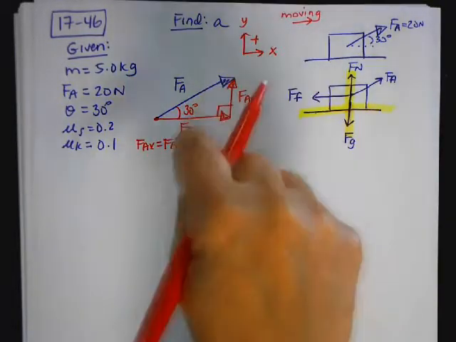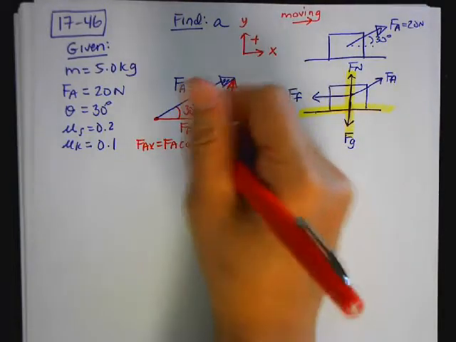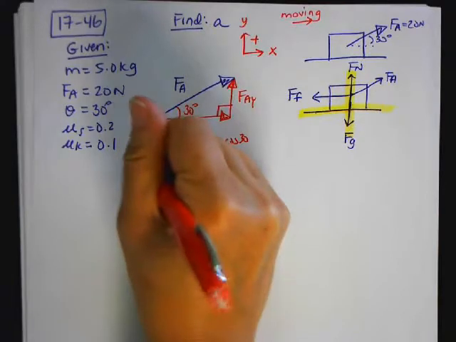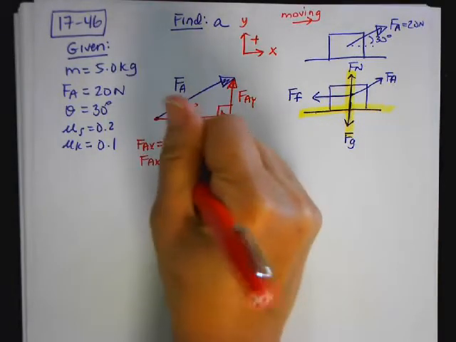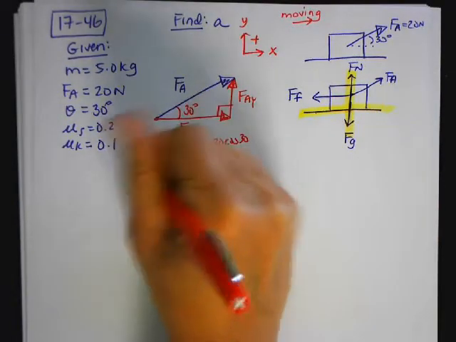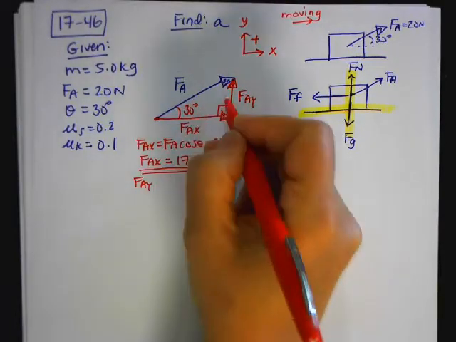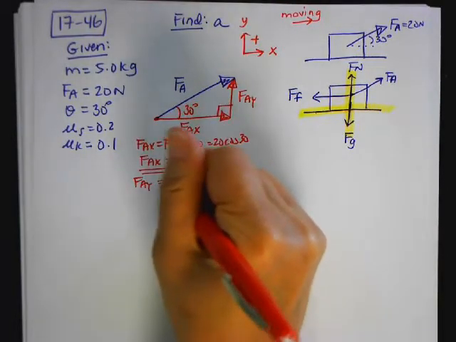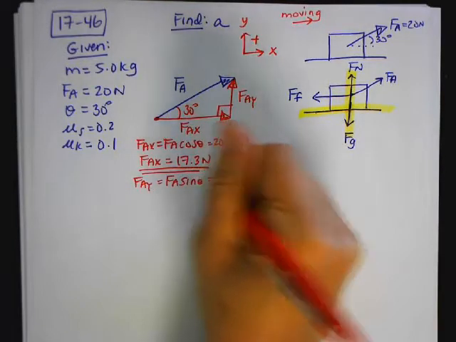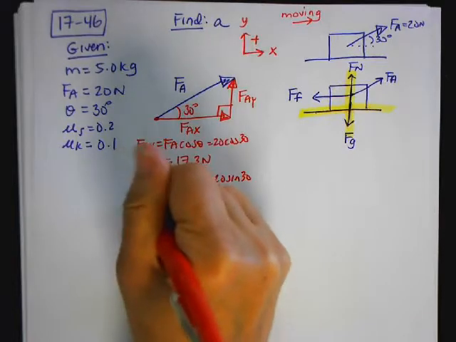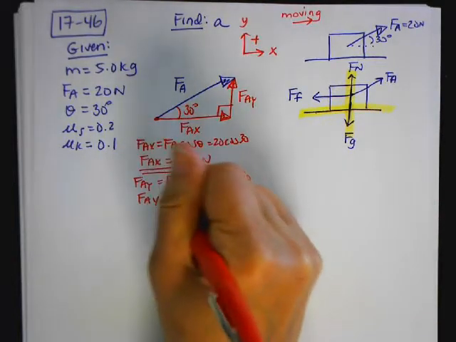Why is it cosine? Because it's adjacent to the given angle. So that's going to be 20 cosine of 30, so Fax is equal to 17.3 newtons. Fay is opposite the given angle, so it's Fa sine of theta, so it's 20 sine of 30, so Fay is equal to 10 newtons.